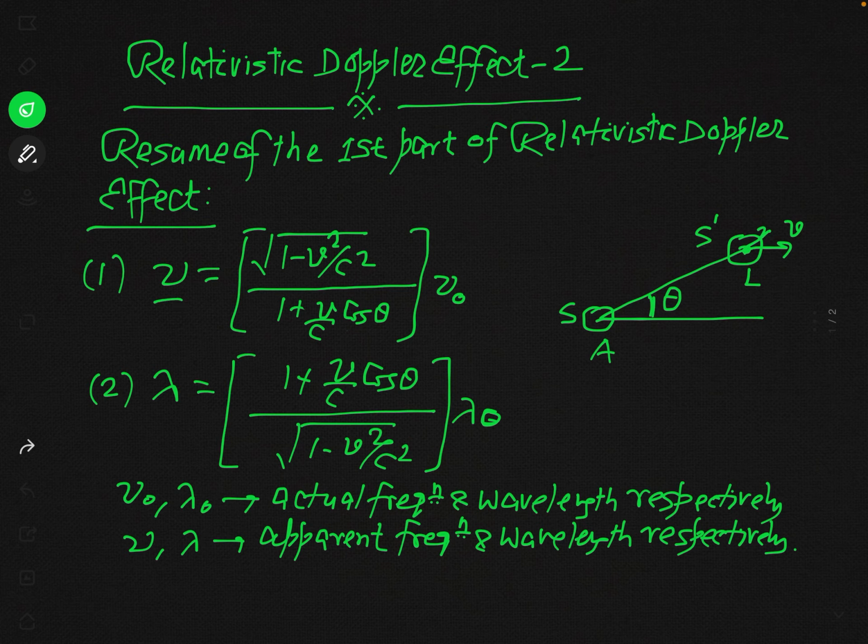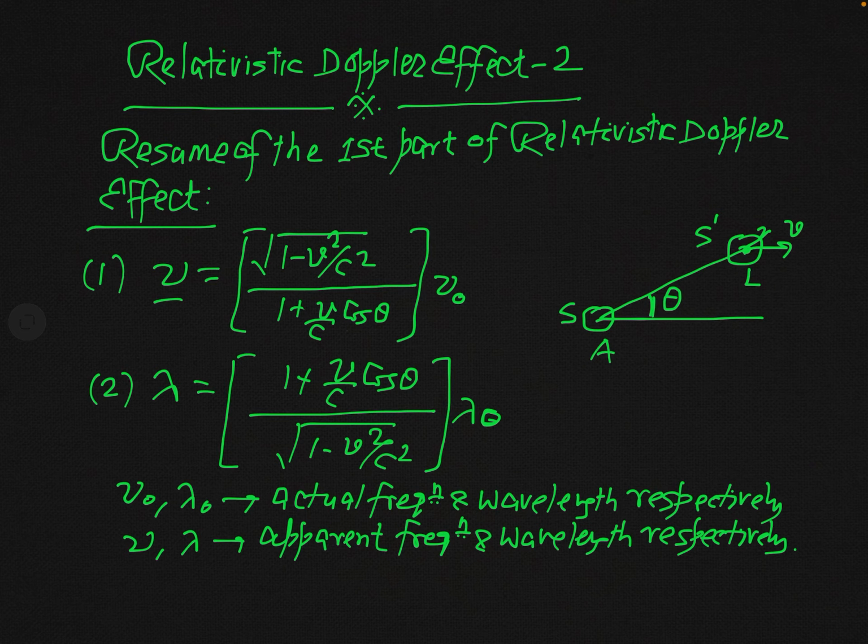In that condition we have obtained that the frequency received by the observer was nu, and that nu was equal to, as you can see here, root over 1 minus v square by c square over 1 plus v by c cos theta, into nu naught. Here nu naught is the actual frequency which is emitted by the source.